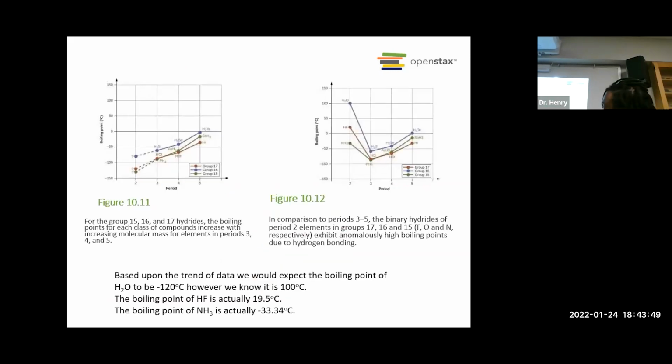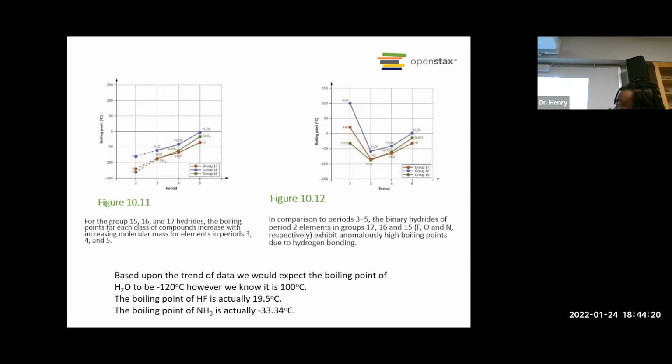Okay, so here we have H2O, this would be H2S, this is H2Se, this is H2Te, okay? And then these are the hydrogen compounds with chlorine and then bromine and so on and so forth.